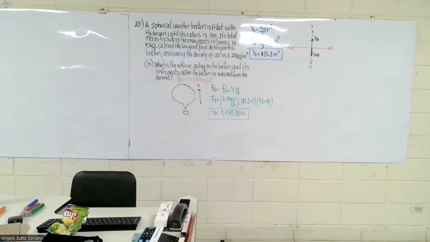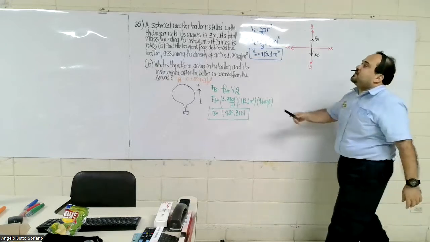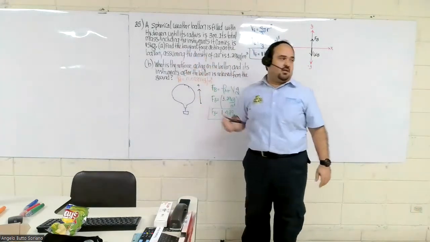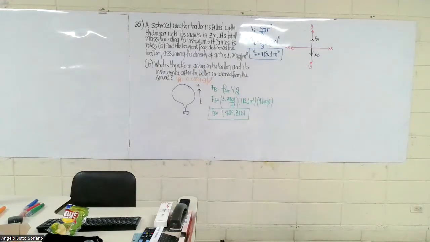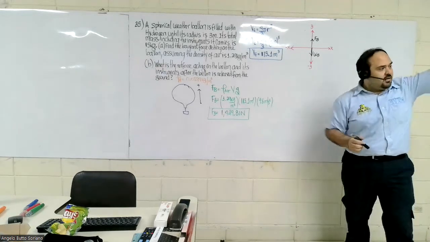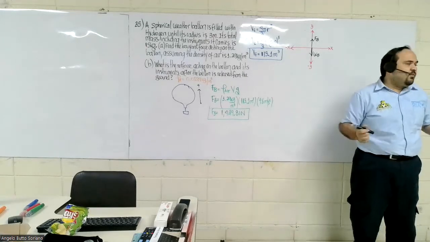Well, remember, the air is part of the buoyancy force. But remember, this spherical balloon is filled with hydrogen. That hydrogen provides some kind of weight and stability to the balloon. So that gas has its own weight, and that weight will be located downward because it's a weight.